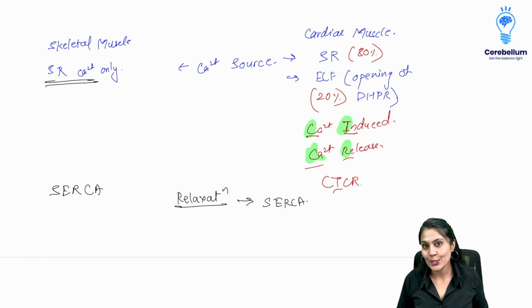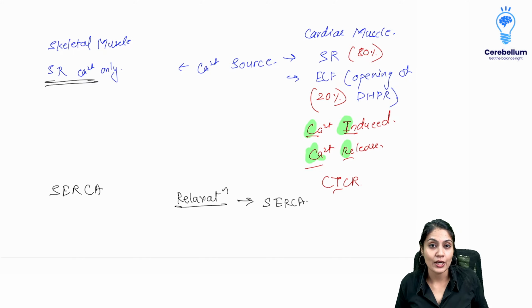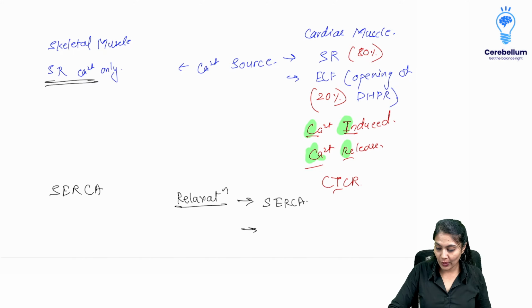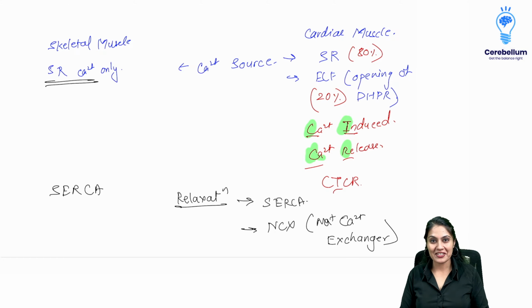If you remember, in general physiology, we have discussed the sodium calcium exchanger. So that is going to help me out. NCX, that is the sodium calcium exchanger, is going to help me out.